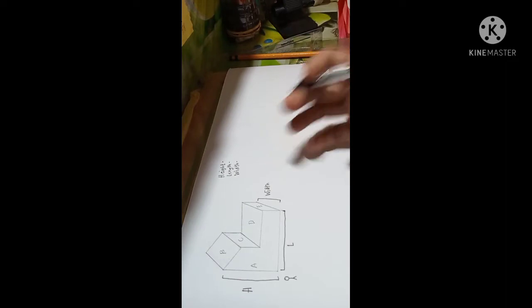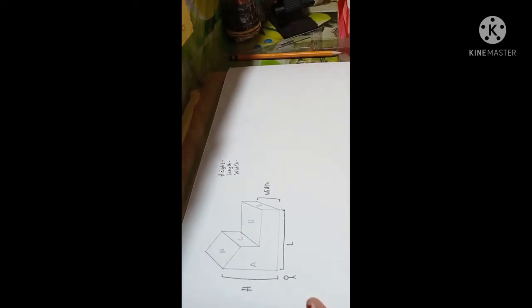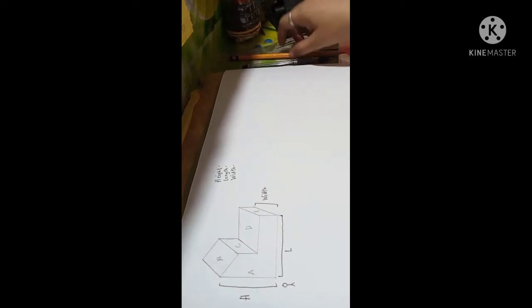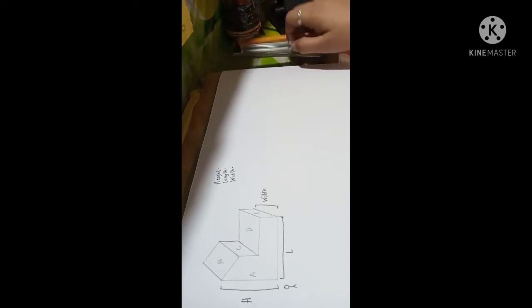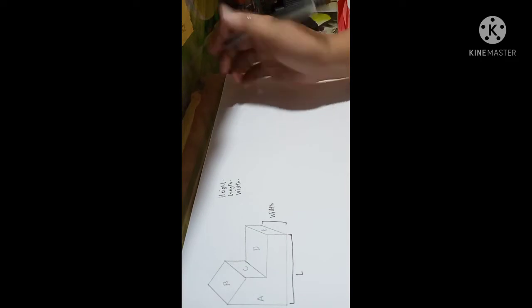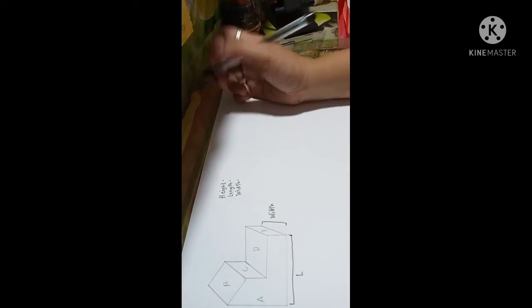It's a figure which is a ladder, a two-step ladder. Then how are we going to analyze or identify the orthographic here? For us to identify, open your imaginary thoughts.